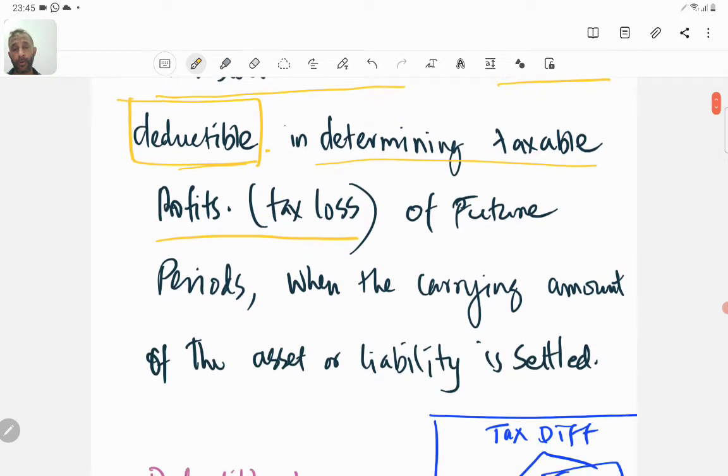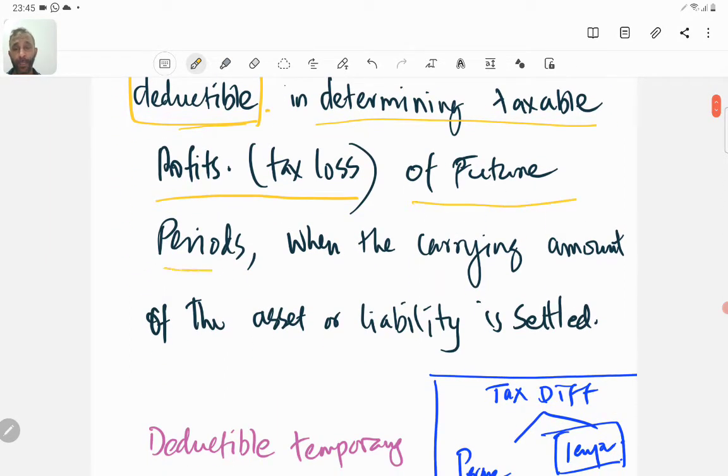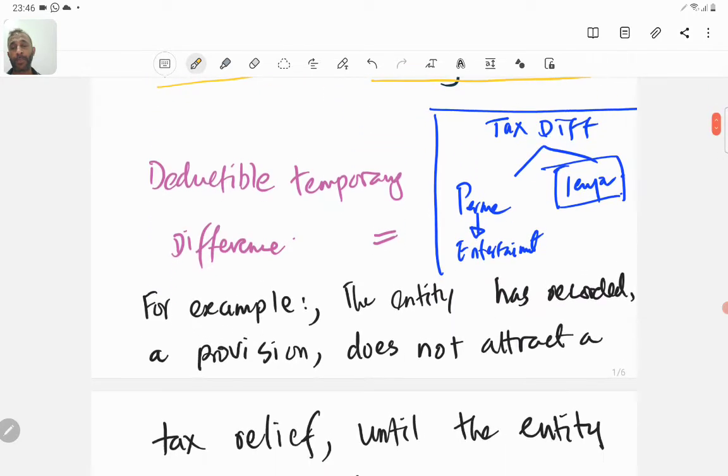In future periods, when the carrying amount of the asset or liability is settled, this will reverse. So that is a deductible temporary difference.